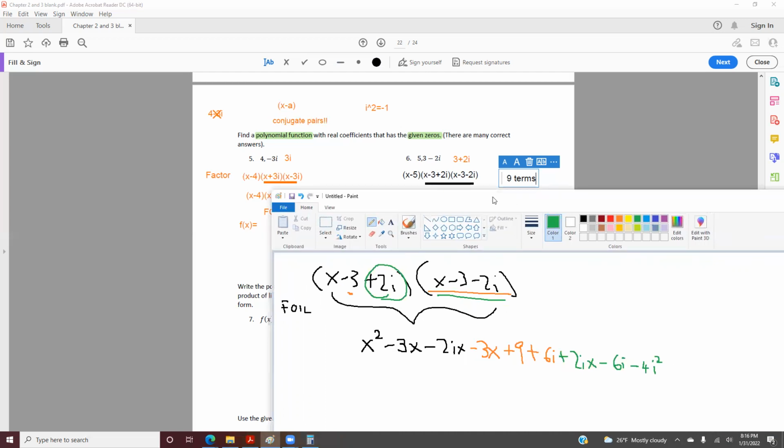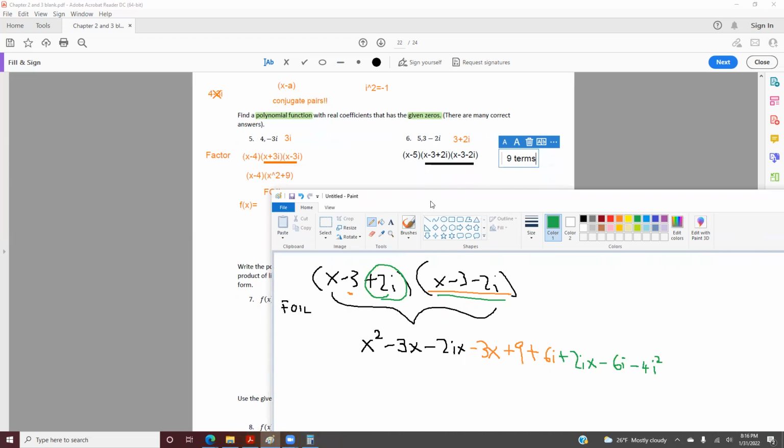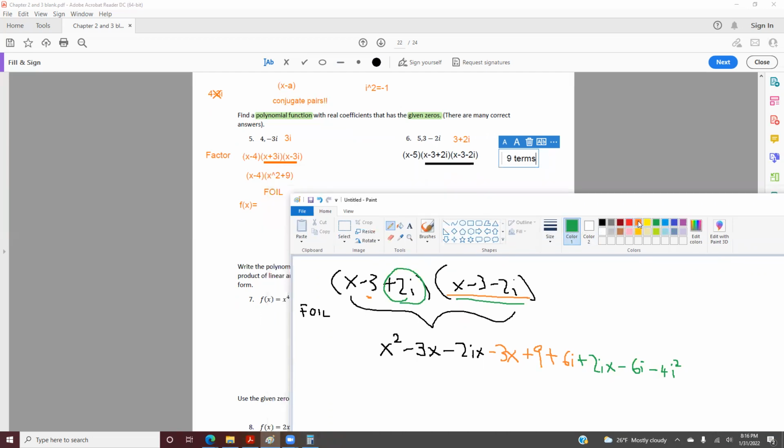So what can you tell me here when you FOIL this? There are nine terms here. Something can be canceled, right? So what can we cancel? 2ix and negative 2ix. What else?